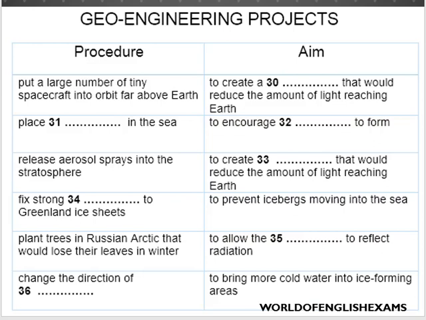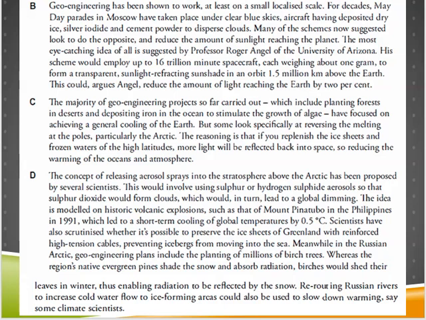Okay, great. Then plant trees in Russian Arctic that would lose their leaves in winter. Okay, then the next keywords will be Russian Arctic and plant trees. Let's find Russian Arctic. Yes, then the same line.